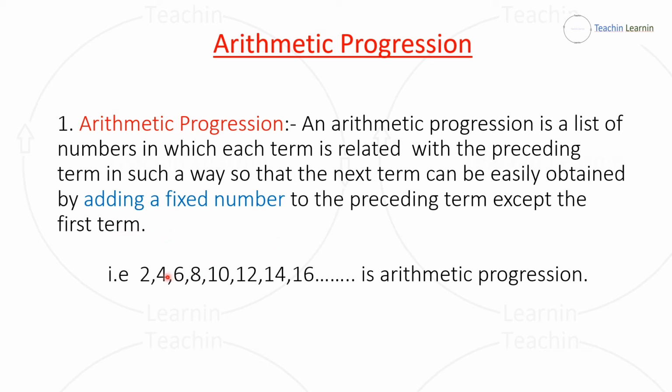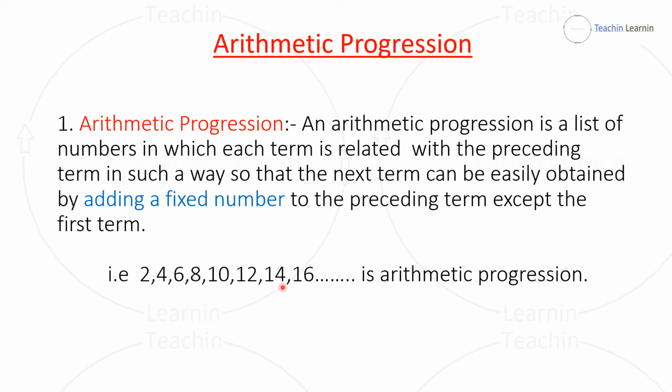Have a careful look at this list of numbers. You will see that each two consecutive terms are related in such a way that the difference of any two consecutive terms is static. 4 minus 2 is 2, 6 minus 4 is 2, 8 minus 6 is 2, 10 minus 8 is 2, 12 minus 10 is 2, 14 minus 12 is 2, 16 minus 14 is 2.